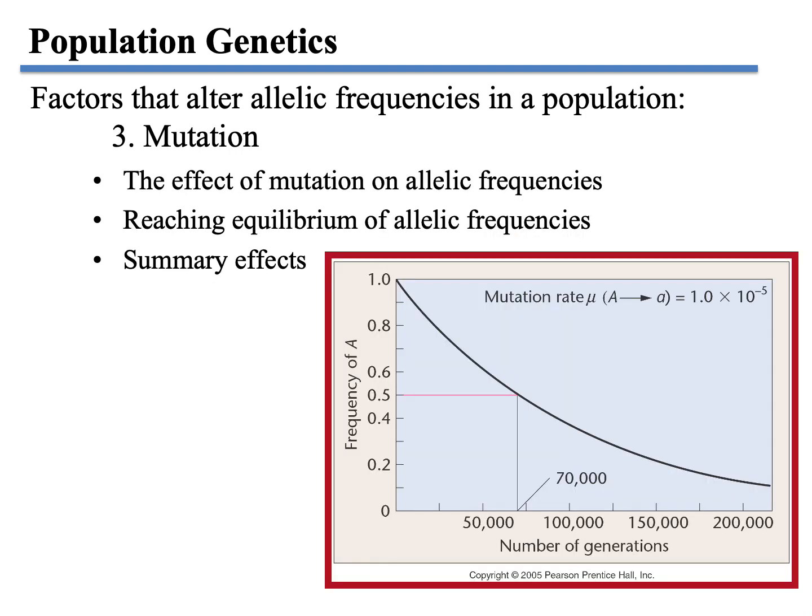In order to utilize the Hardy-Weinberg equation, we must make the assumption that there is no net mutation occurring in this population. The effect of mutation on allelic frequencies is extremely minimal. We discussed previously that mutations are processes that produce alterations in DNA or chromosome structure.